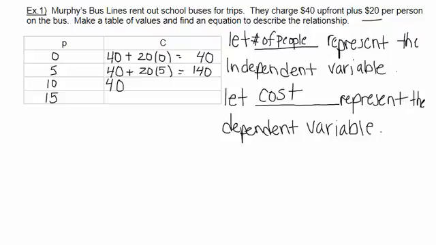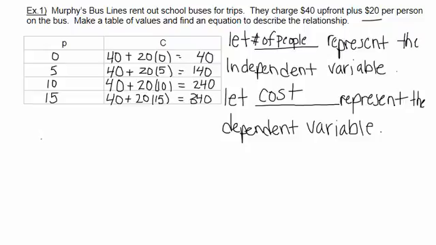If 10 people ride the bus, we have to pay that upfront cost plus 20 times 10. That gives us a total cost of $240. And finally, if 15 people ride the bus, we have the $40 upfront cost plus 20 times 15 people, which is going to be a total of $340.